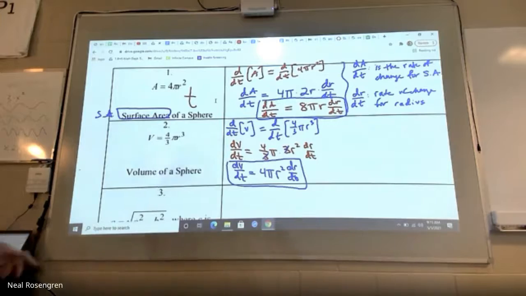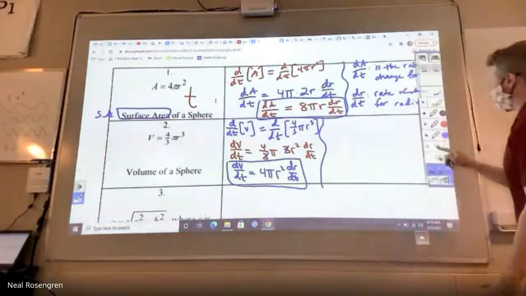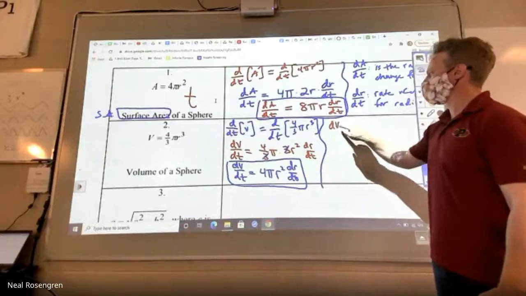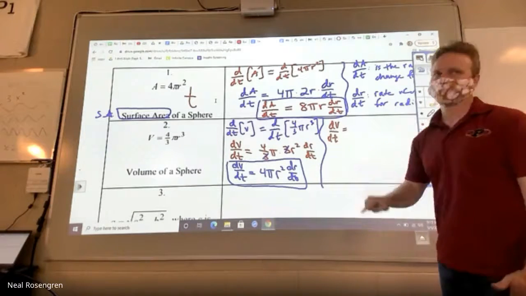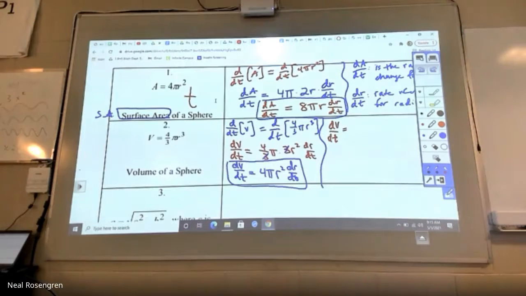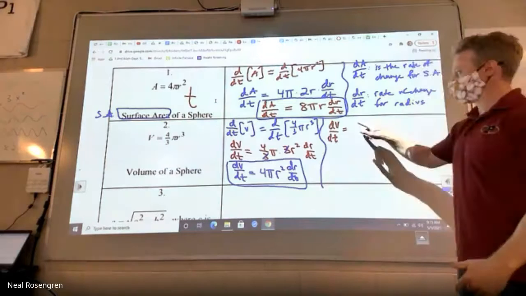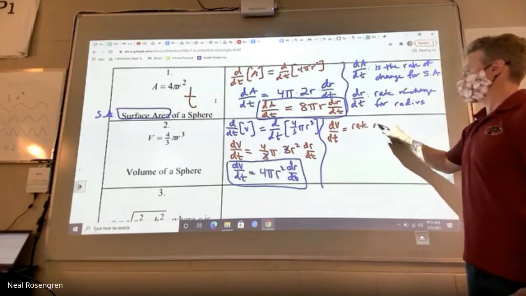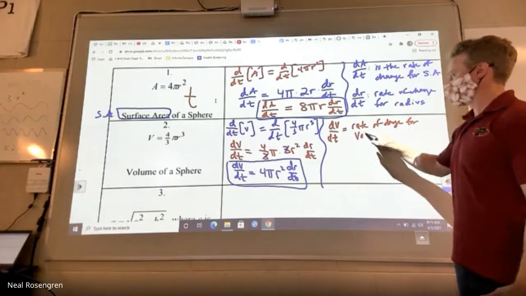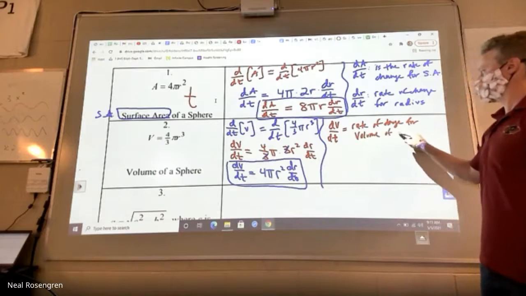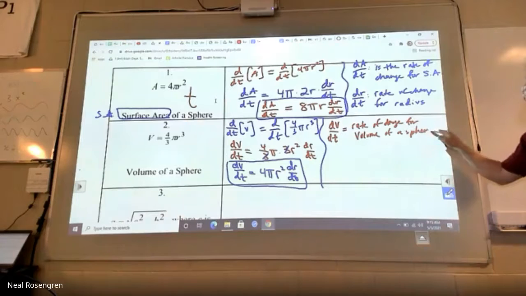Okay, so again, let's mention what these rates actually represent. What do you think you call dV/dt? Describe it. Yeah, rate of change for the volume of a sphere. There it is. Now, we've got other volume formulas.